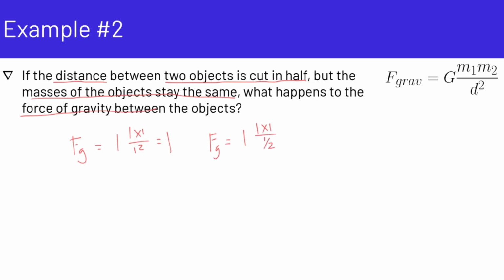Okay, so now we have a half on the bottom of the fraction. So when you have a fraction on the bottom of the fraction, you flip it over and multiply by the reciprocal. So this then is equal to 2. So we have the new force of gravity is equal to 2, and the old force of gravity is equal to 1. So when you cut the distance between the two objects in half, the force of gravity is doubled.